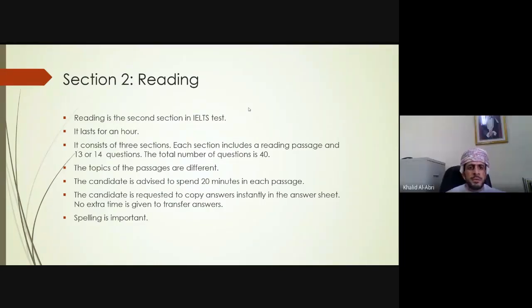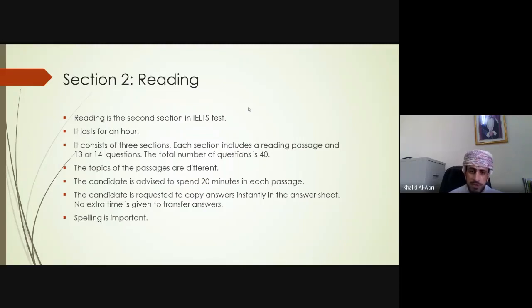Yeah, fine. So now we move to the reading section. So this is the second section. After finishing the listening one, they distribute the question paper that has 3 passages, and these passages are almost 1,500 words each.